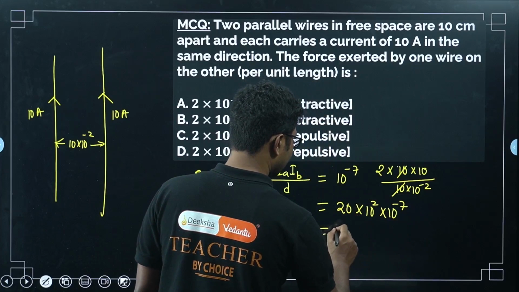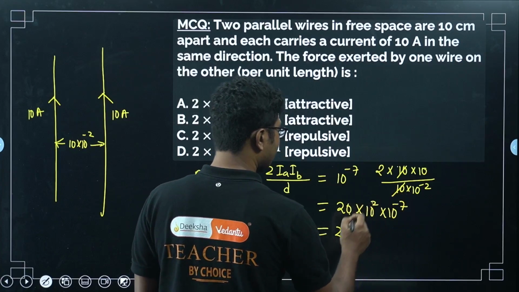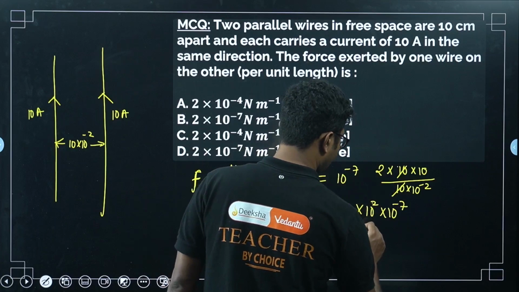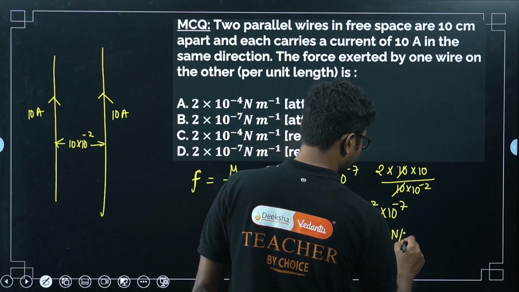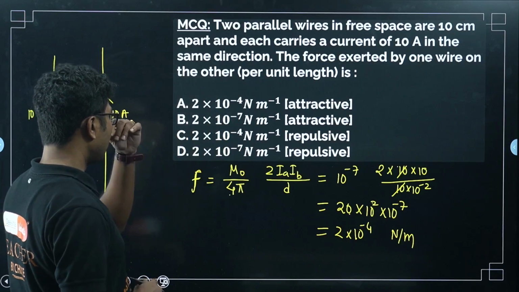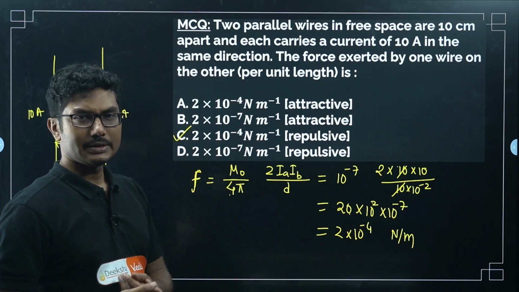So we can write this as 2 times 10 to the power of minus 7 plus 3 minus 4. This is the force in Newton per meter: 2 times 10 to the power of minus 4 Newton per meter, and it is repulsive in nature. So the correct answer is this.